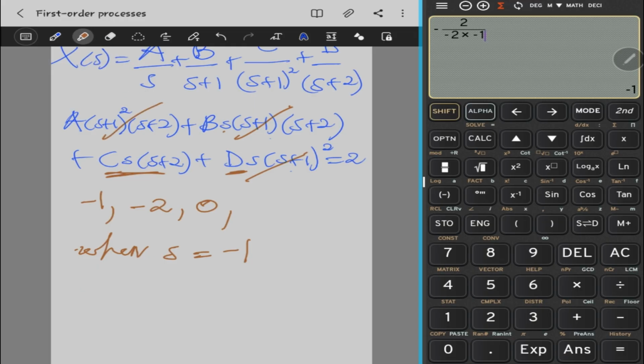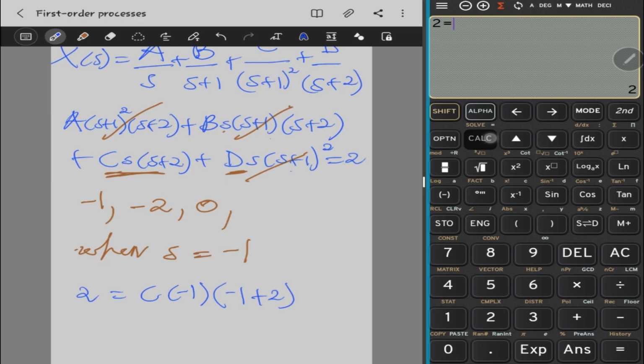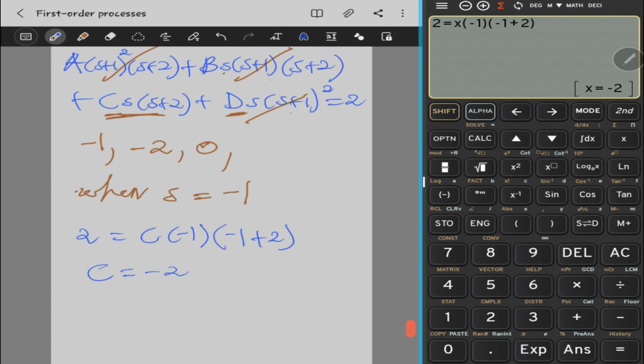So that will mean that we'll have 2 being equal to c times bracket -1, times -1, plus 2, and we can get our c. So let's see. Definitely we end up with c being equal to -2. So basically that's how we find the constants.